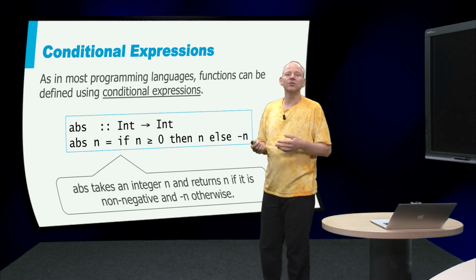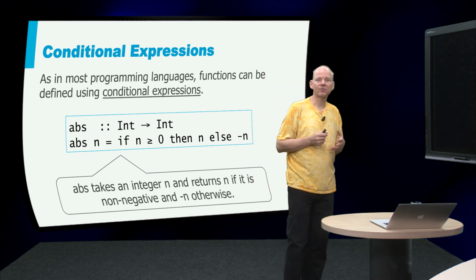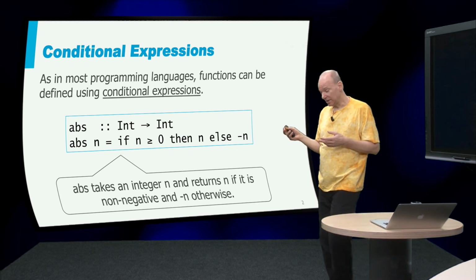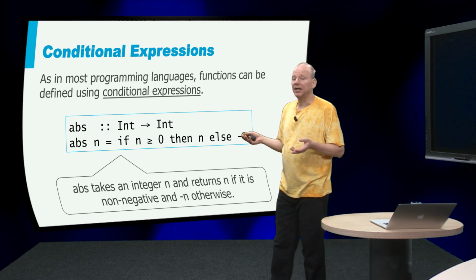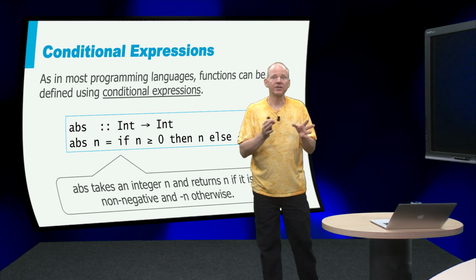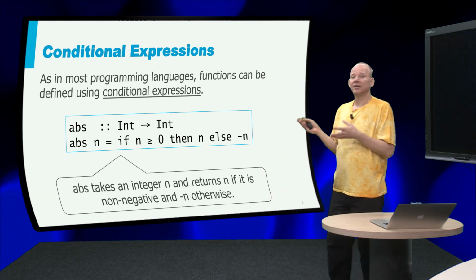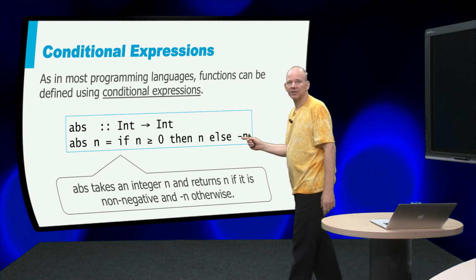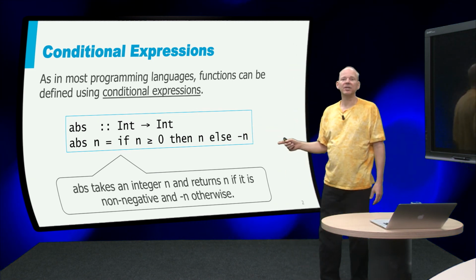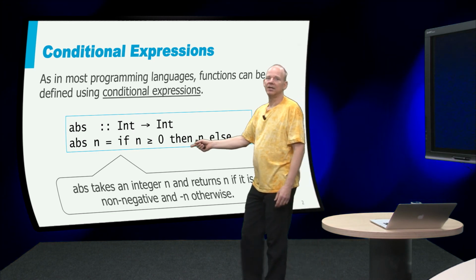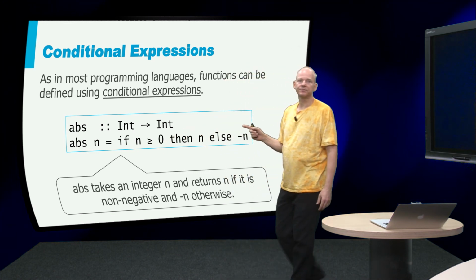Other languages do have if then else for expressions as well, for example in Scala, but if you're using C# or Java, there are conditional statements, and then for conditional expressions, there's different syntax. Well, in Haskell, since there are no statements, when you want to write a conditional, you write if then else.